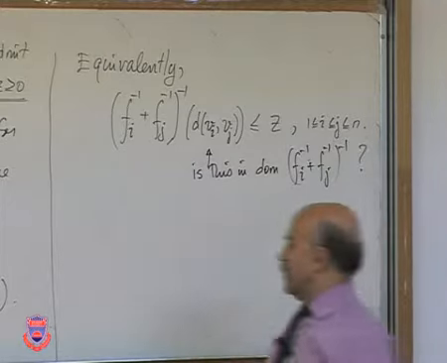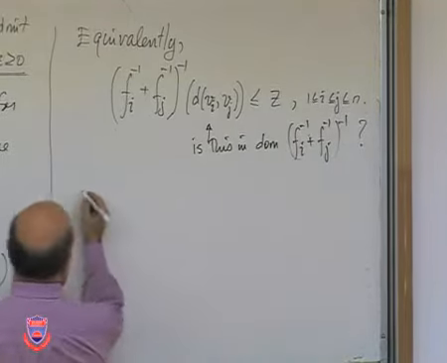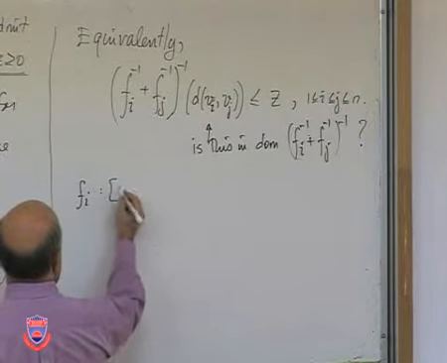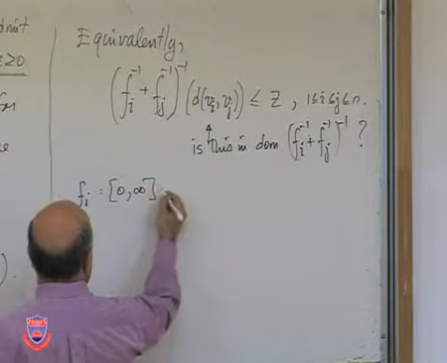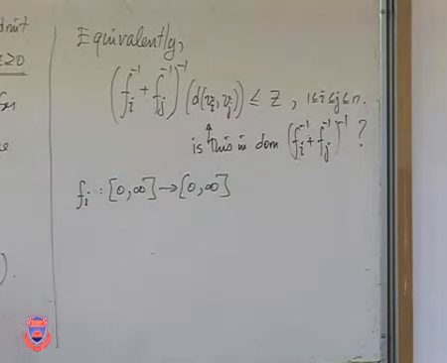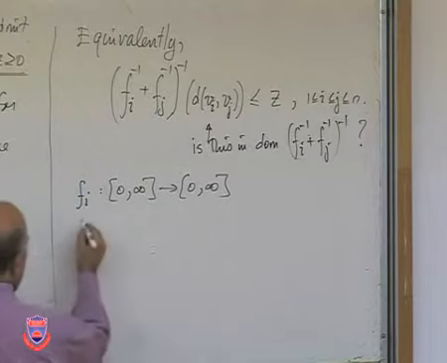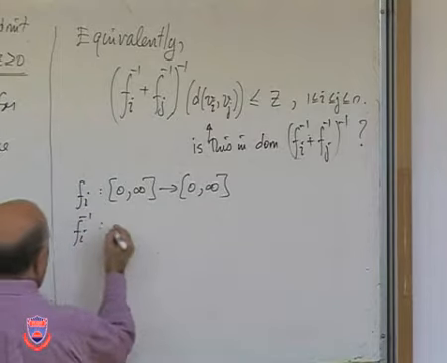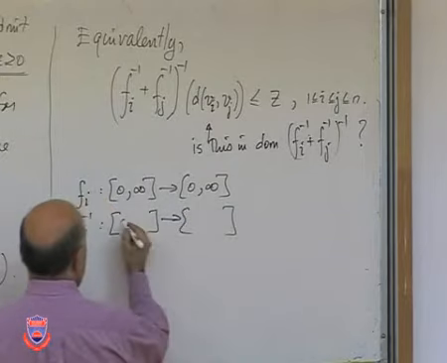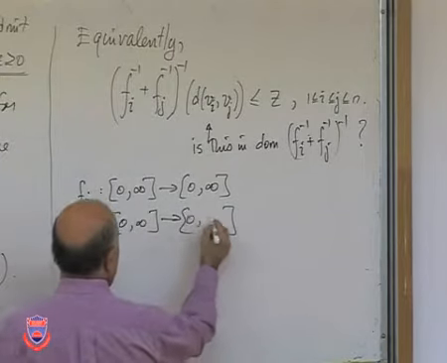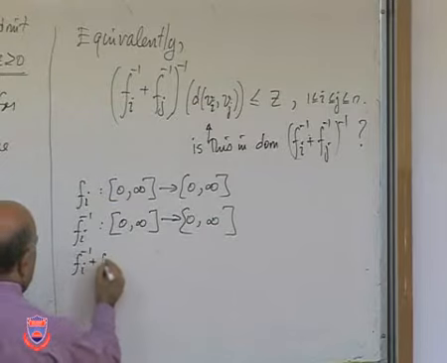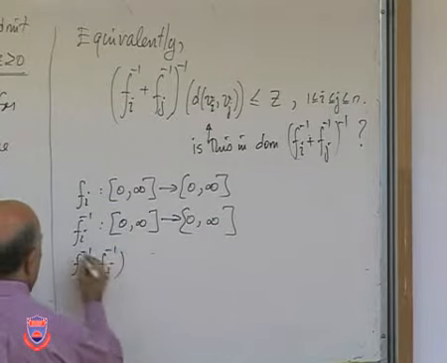And the answer, well, you need to look at fi. What's the domain of fi? It's 0, infinity. And this one is also 0, infinity. The range is also 0, infinity. fi inverse has the same domain and range. Then fi inverse plus fj inverse.